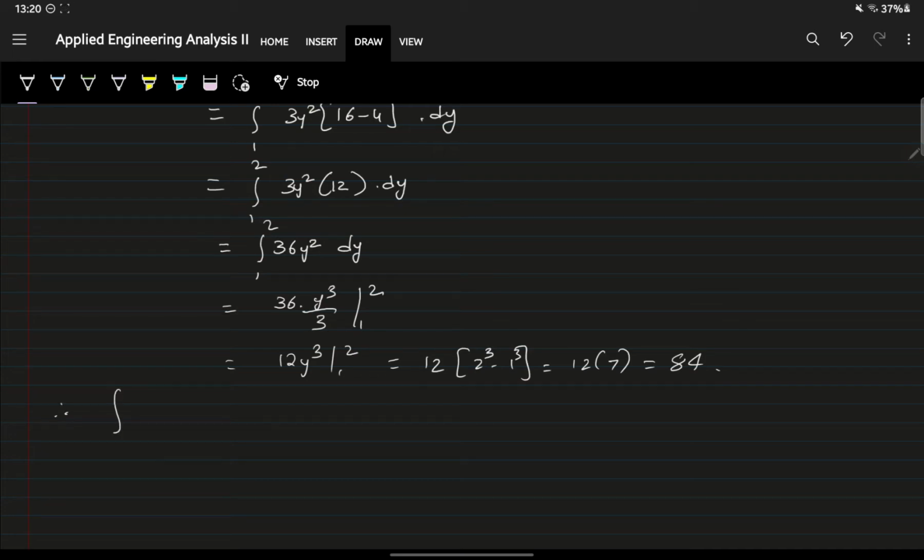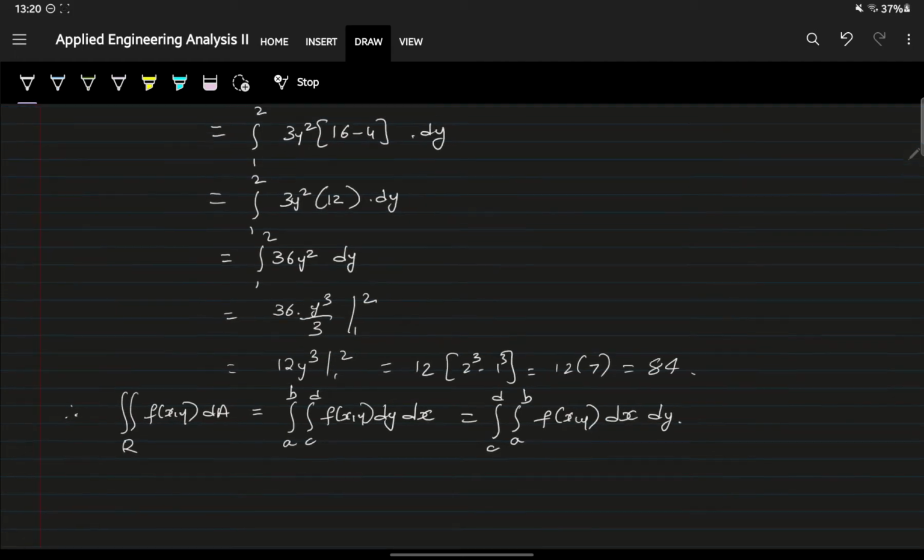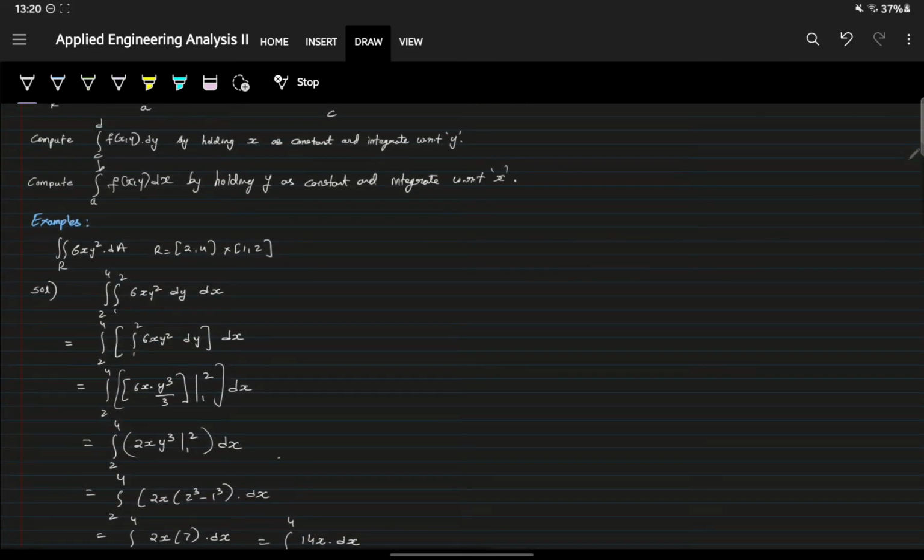Therefore the result is the same. So in this way we can solve the double integral.